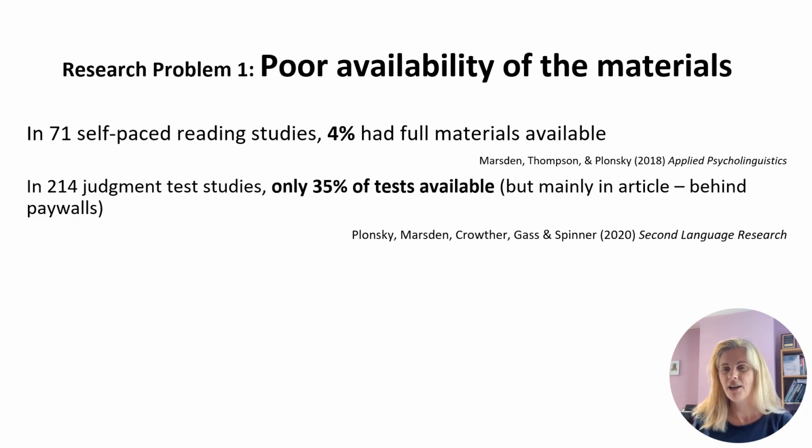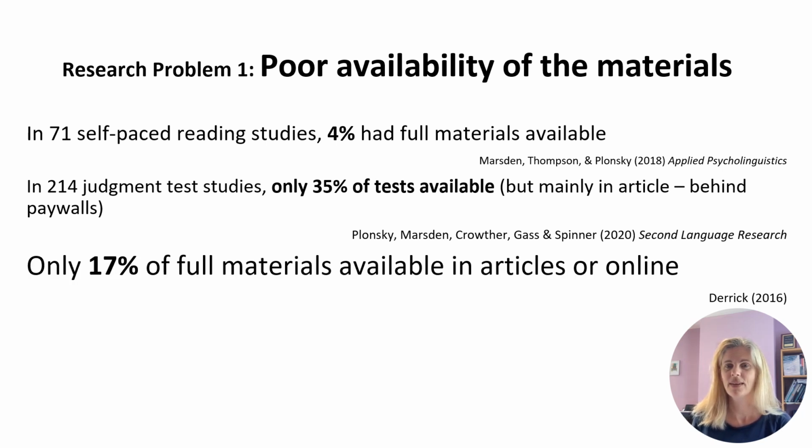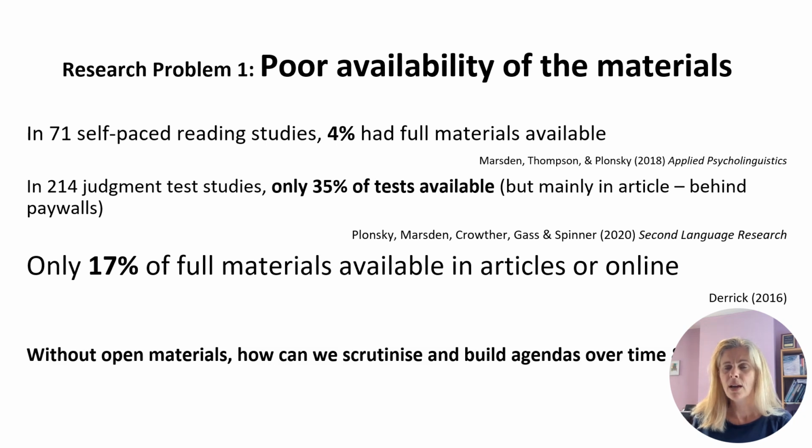About 35% of grammaticality judgment tests were openly available when we checked back in 2020. And Derek found that about 17% of materials are available online or in articles. But without open materials, how is it possible to scrutinise and build our research agendas over time and space?